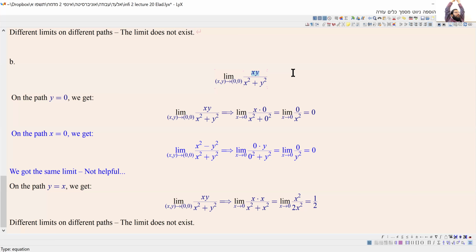You multiply something of degree 1 with something of degree 1, the outcome is of degree 2. So yet again, the degree of the numerator is not greater than the degree of the denominator, meaning that the limit shouldn't exist, intuitively speaking.